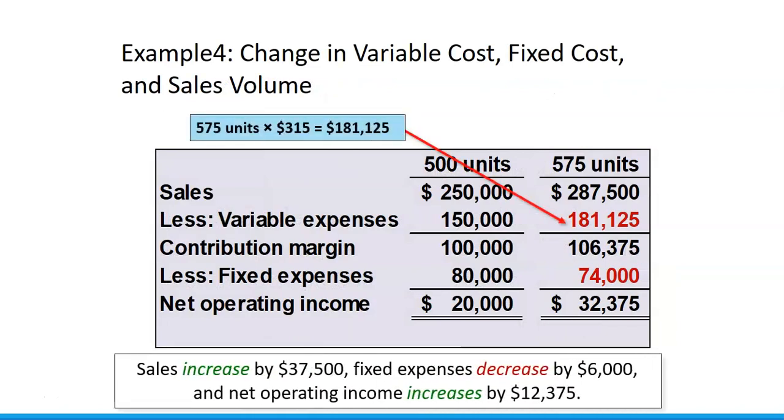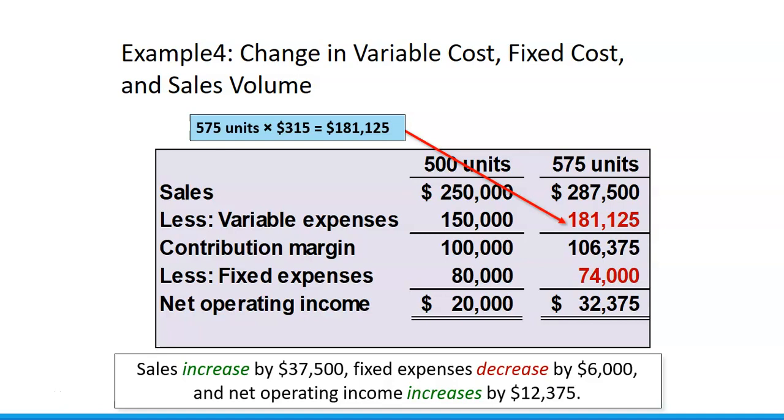So here we see that we have increased our sales and our fixed expenses decreased by $6,000. Therefore, we've increased our net operating income by $12,375.